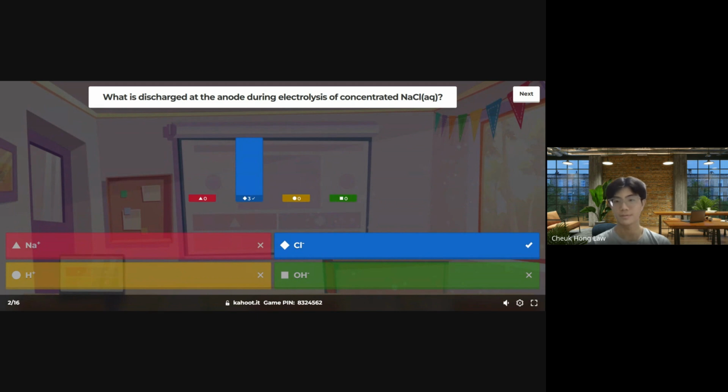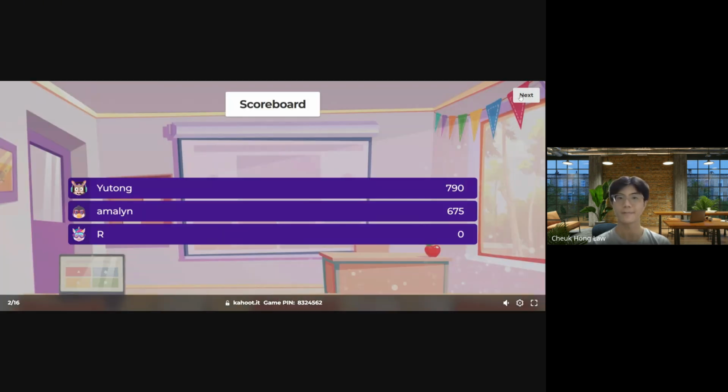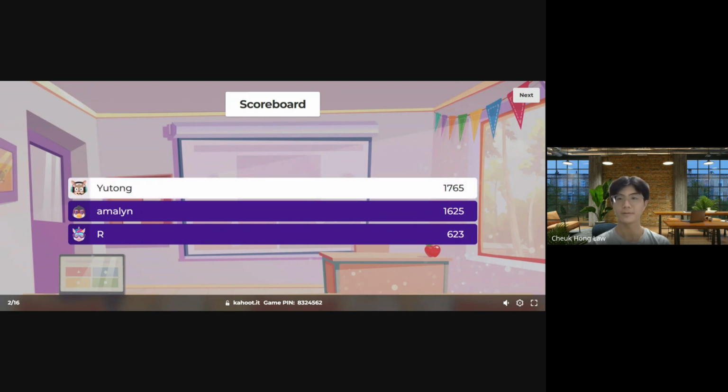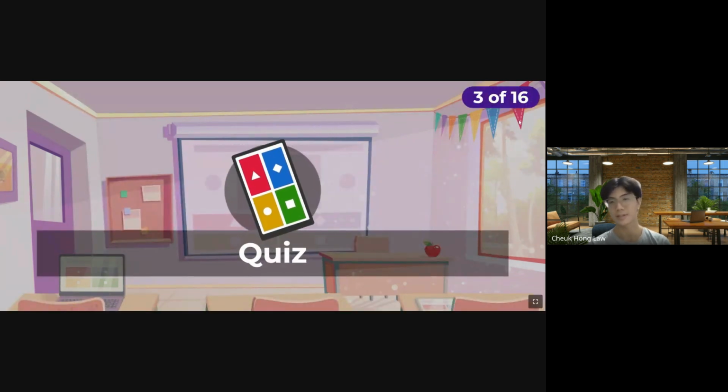Okay, good. Your Cl minus will be discharged in concentrated NaCl at the anode, because the anode is where your anions are attracted.